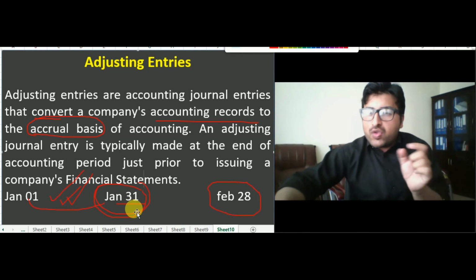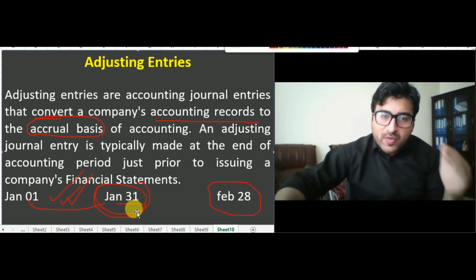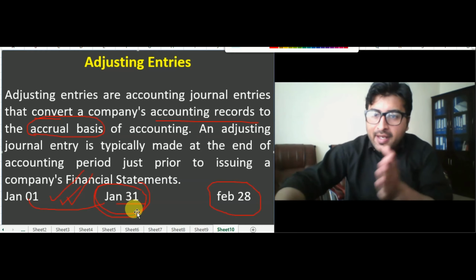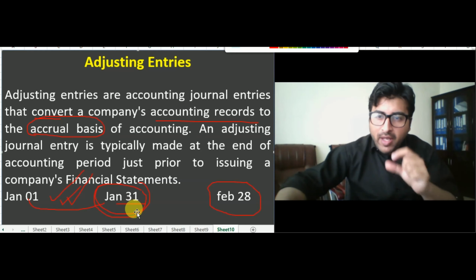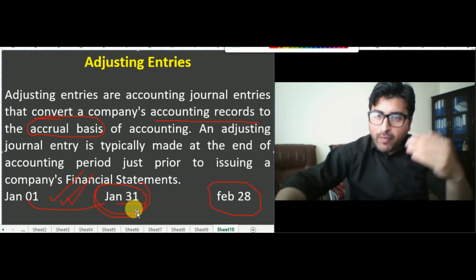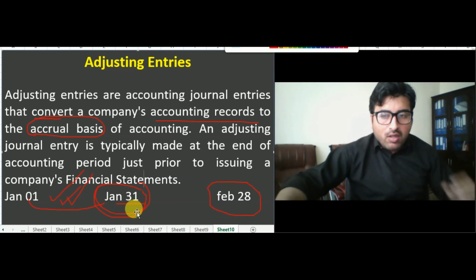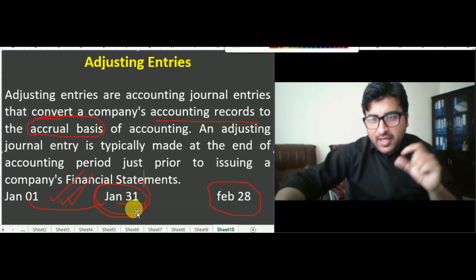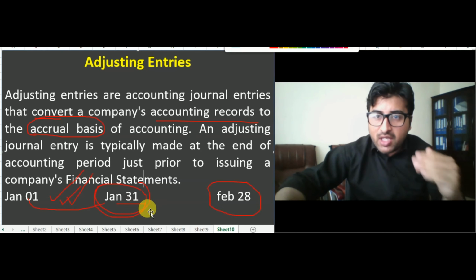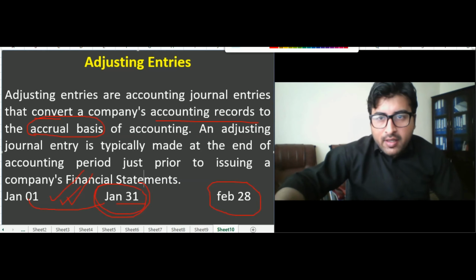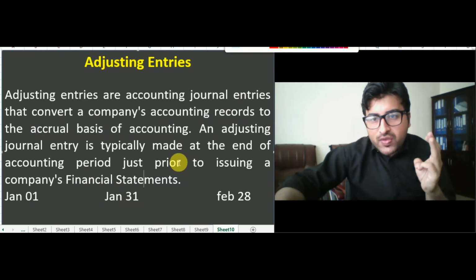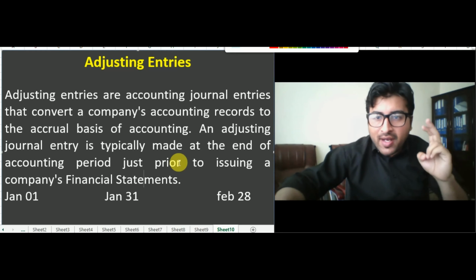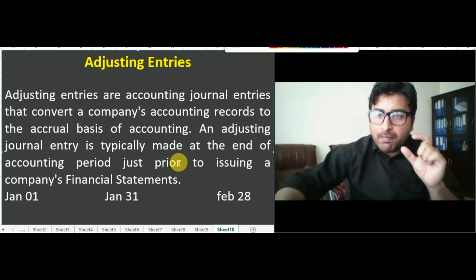You should not record the revenues and expenses of one period in another period, irrespective of the payment of cash, whether you have paid the cash or received the cash. We have one principle in accounting called the matching principle, which suggests that the revenues and the expenses of one accounting period must be matched.